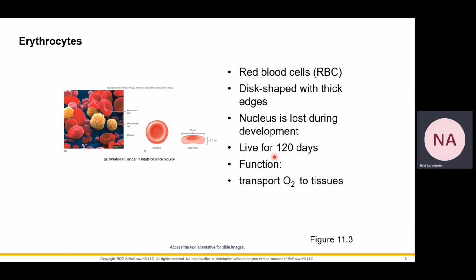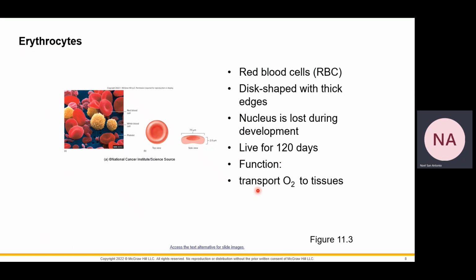So, after 120 days, those old red blood cells will undergo hemolysis and will be deposited in our spleen, because the spleen is the graveyard for our red blood cells.